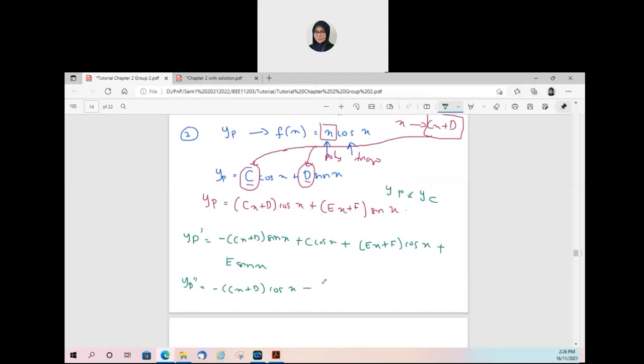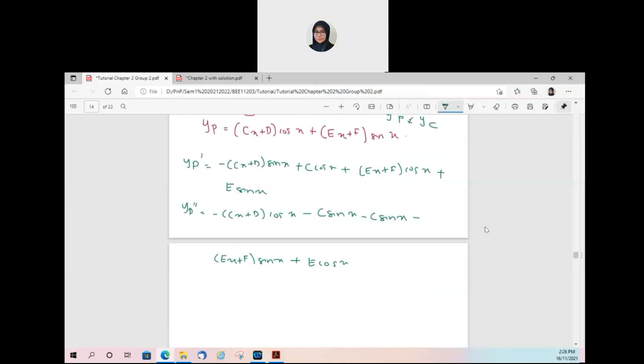Okay, minus C sin X. Minus, you differentiate C cos X, you will get minus C sin X. Okay, you differentiate cos, you will get minus EX plus F sin X plus E cos X. Plus, you differentiate E sin X, you will get E cos X.